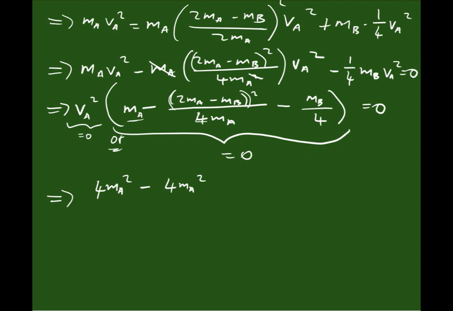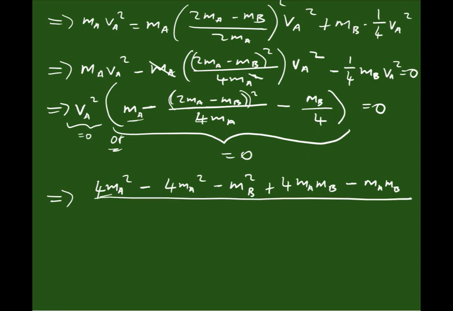Negative MB squared, so it will be minus MB squared. And then the cross term over here is going to be positive 4MA MB, and then minus, so this MB here, we have to multiply it by MA MB, and this is all over 4MA, and this is 0.